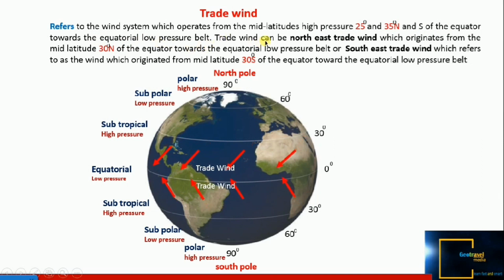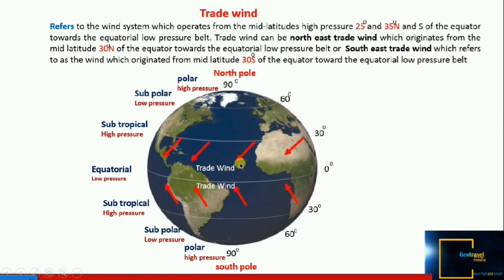Trade wind can be northeast trade wind, which originates from the mid-latitude 30 north of the equator toward the equatorial low pressure belt, or it can also be southeast trade wind, which refers to the wind which originated from the mid-latitude 30 south of the equator toward the equatorial low pressure belt.